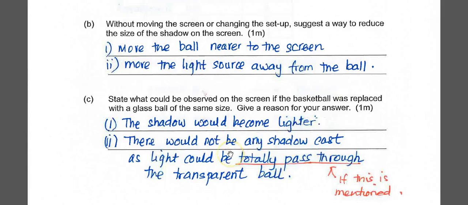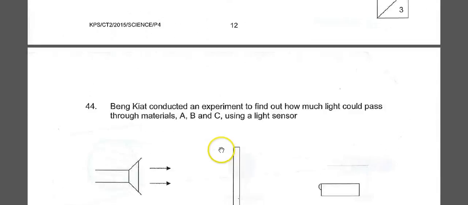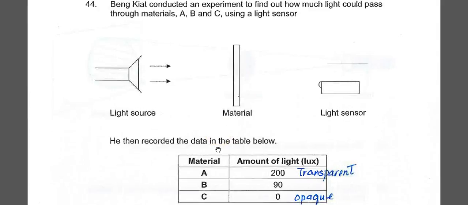Now over here, experiment, torchlight, material shining through. Here, material A allows the most light to shine through, and it is more transparent than the other two.